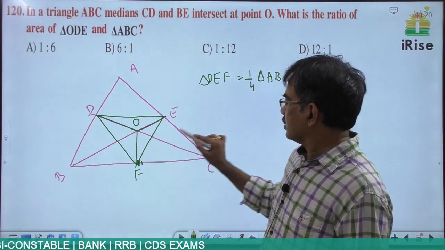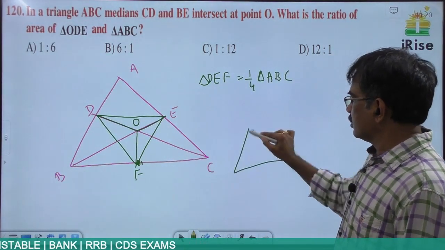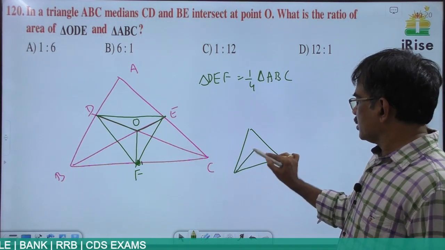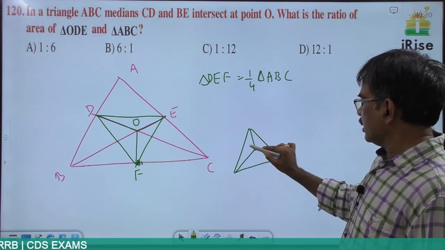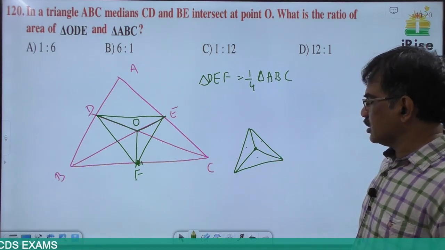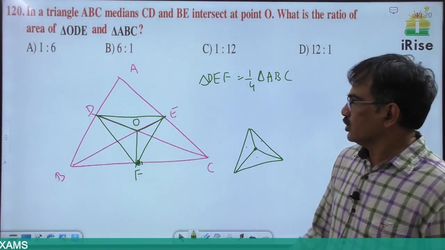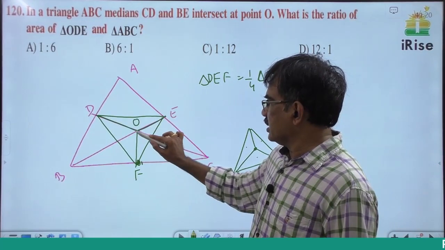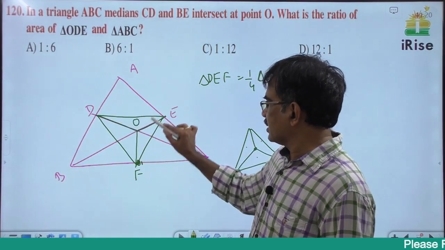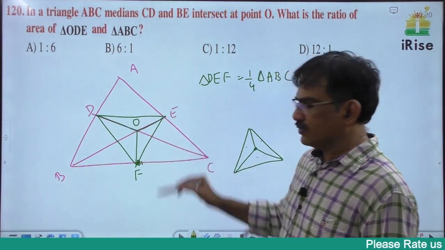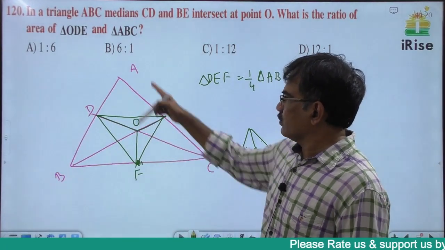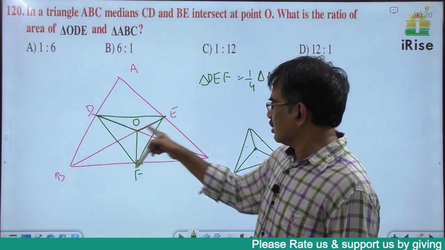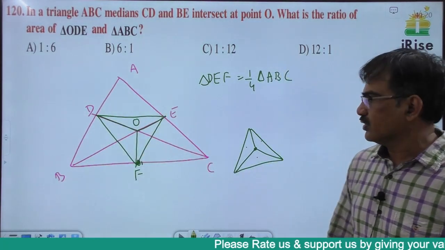And here, if these three medians are joined, this is the centroid, then these three areas are also equal. So this area ODE is same as ODF is same as OEF. So therefore, what is this part? If this is 1/4 of the total, again this is 1/3 of the small triangle DEF.